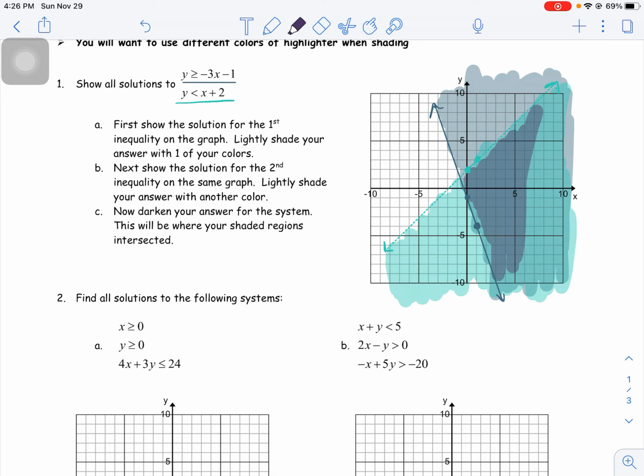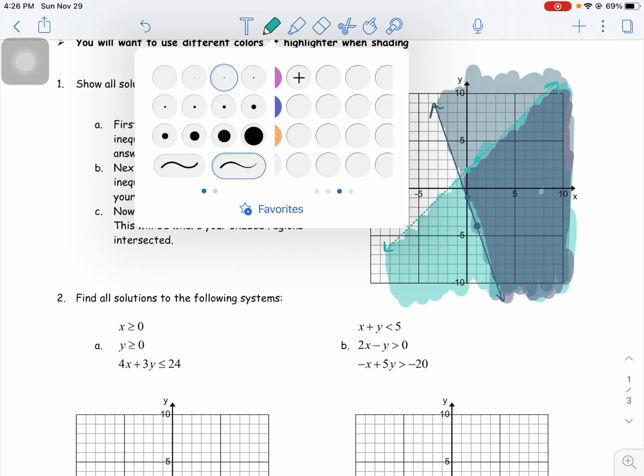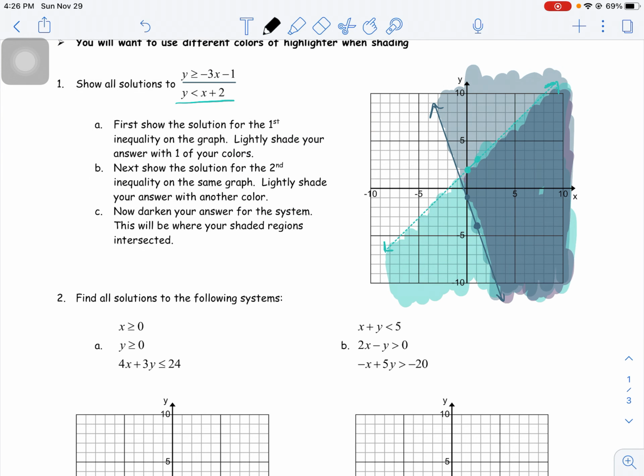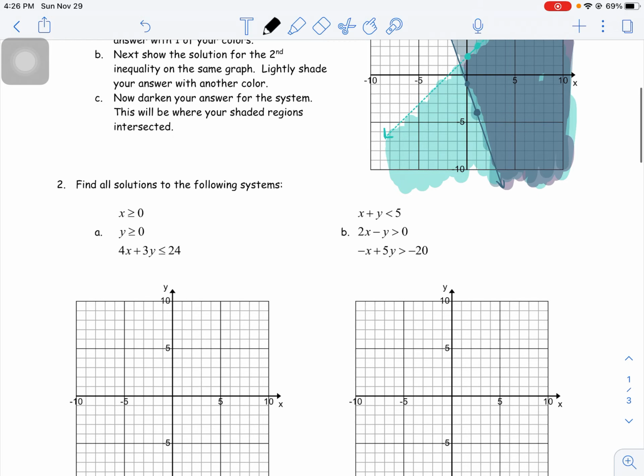So I'm going to make this just extra dark because that section that's getting intersected is the solution to the inequality, okay? And so if you want to make sure you're highlighting all the answers, just make that section as dark as possible. That way I know the solution you're talking about.